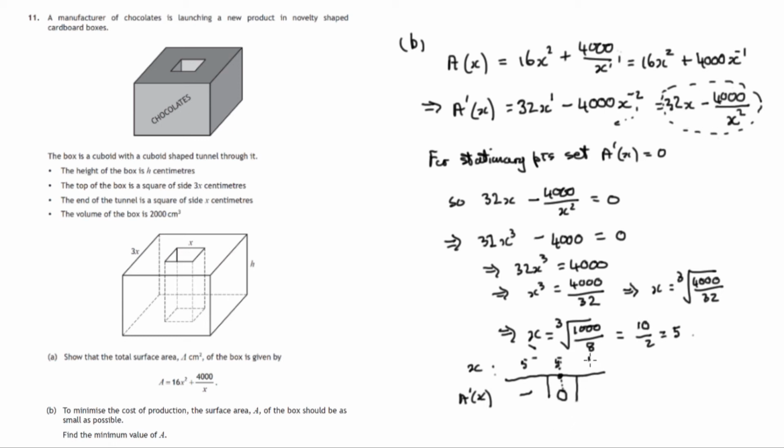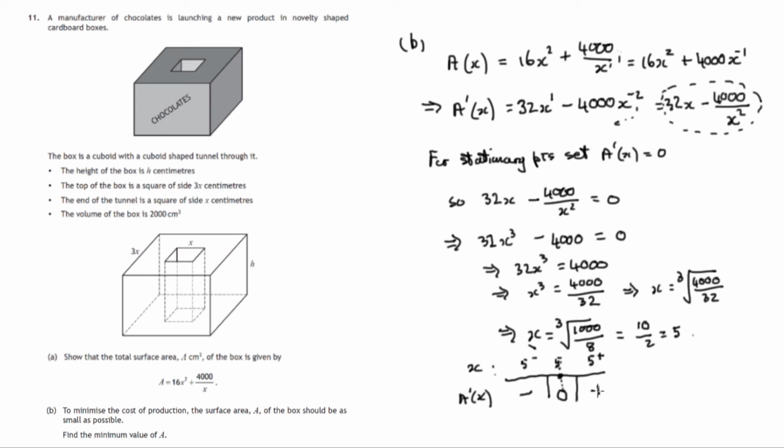Likewise, if we go to the right of 5, remember 32x minus 4,000 over x squared is equal to 0 when x is 5. So if we increase this value bigger than 5, it'll go into 4,000 less times. So we'll be subtracting a smaller number, and therefore we'll get a positive answer there.